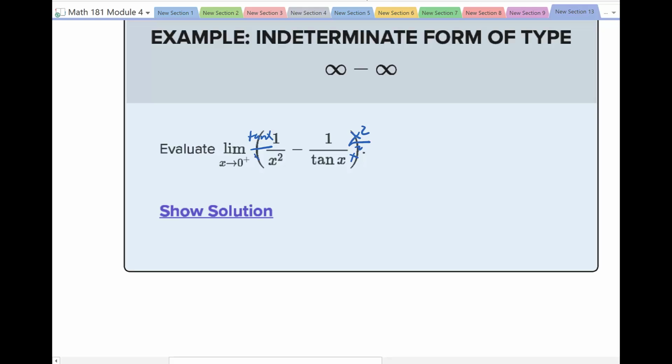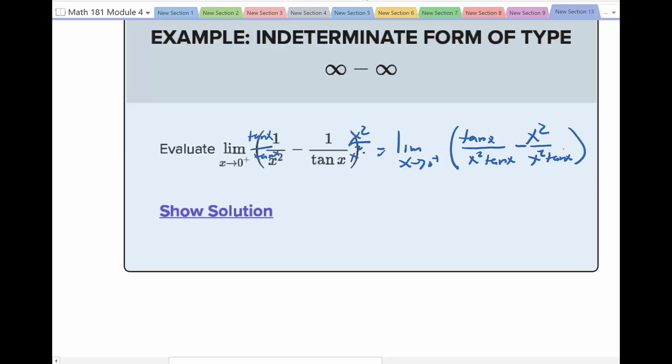So what we have is the limit as x approaches 0 from the right side of tangent x over x squared tangent x minus x squared over x squared tangent x.